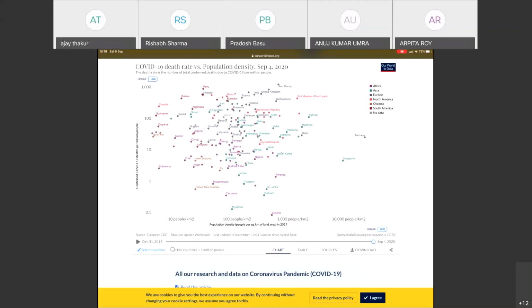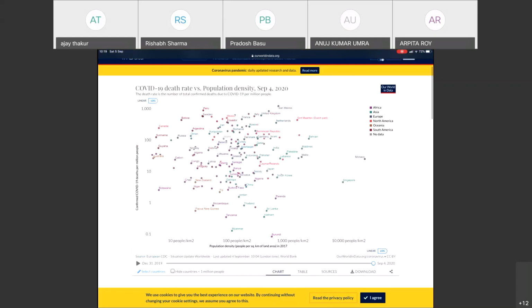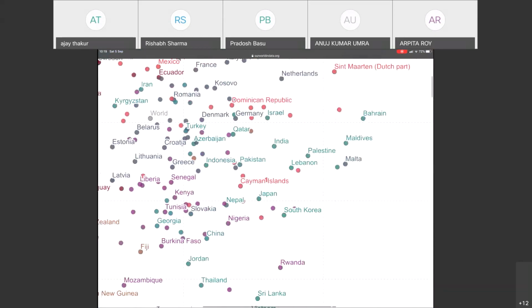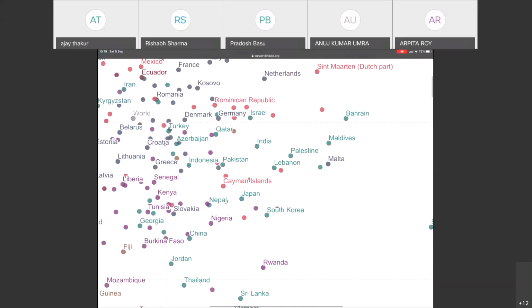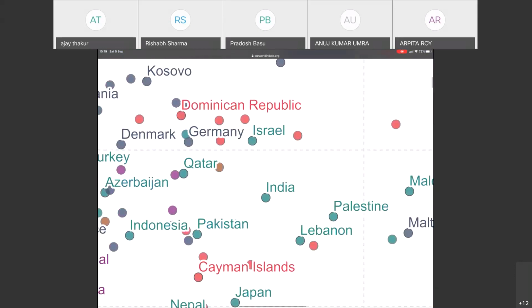And if you look at India, you will have to look along a line which is somewhere around 50, right? So 50 deaths per million. India will be somewhere around 50, 55, 60, something like that. And if you go along that x-axis, you can find that India indeed is here.